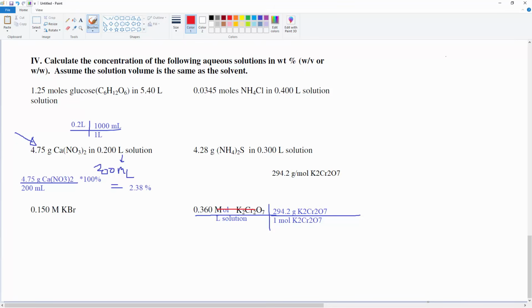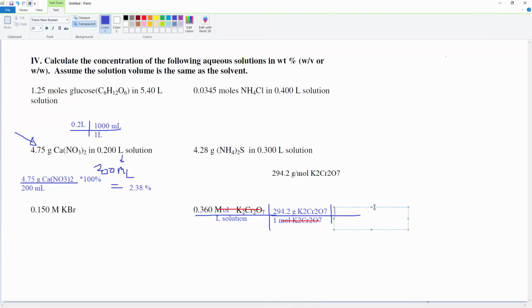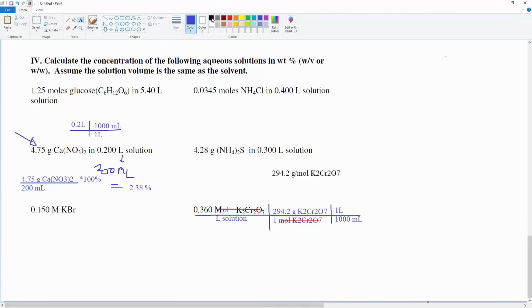And my moles cancel. So now I've got grams on top, which is what I need. Now what do I do? Yeah, liters to milliliters, because I need milliliters on the bottom. The whole point of percent, I have to have everything in grams or milliliters. Good. So every 1 liter has 1,000 milliliters, and liters cancel.